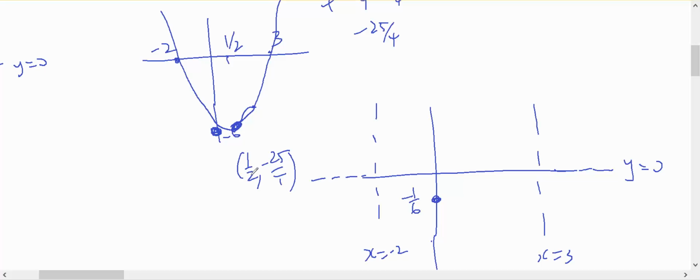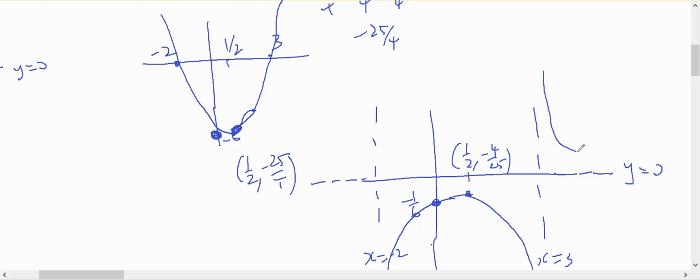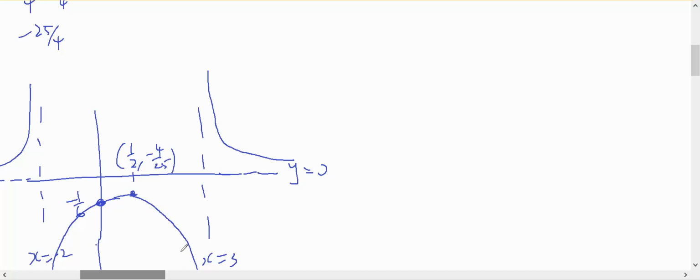Where this had a turning point at a half and negative 25 on 4, that's going to be a half and negative 4 on 25. And my curve's going to look like this, approaching that asymptote, and of course here, and of course there. And I've got 2 points labelled, I've got my asymptotes labelled, all is good.